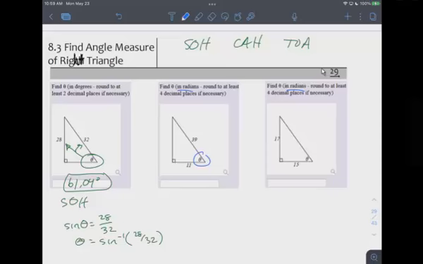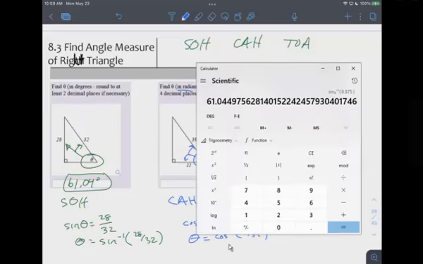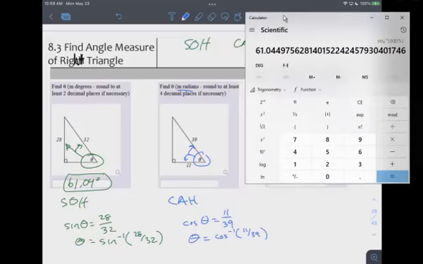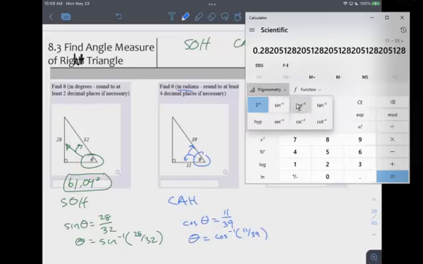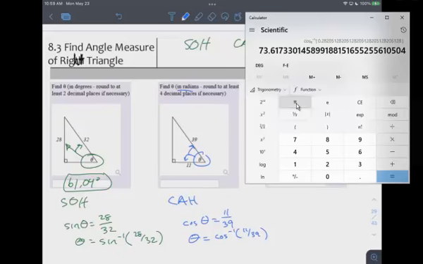So with respect to this angle, I have an adjacent leg and hypotenuse. Which trig ratio relates adjacent and hypotenuse? Cosine of theta is equal to adjacent 11 over hypotenuse 39. Therefore, theta is going to equal the inverse cosine of that ratio. So on my calculator, I take 11 over 39, take the inverse cosine, and I get 73.